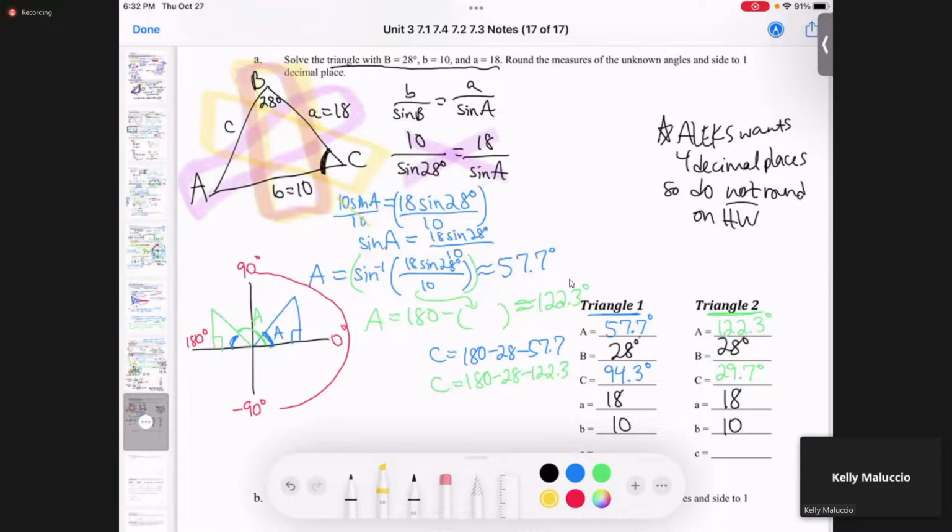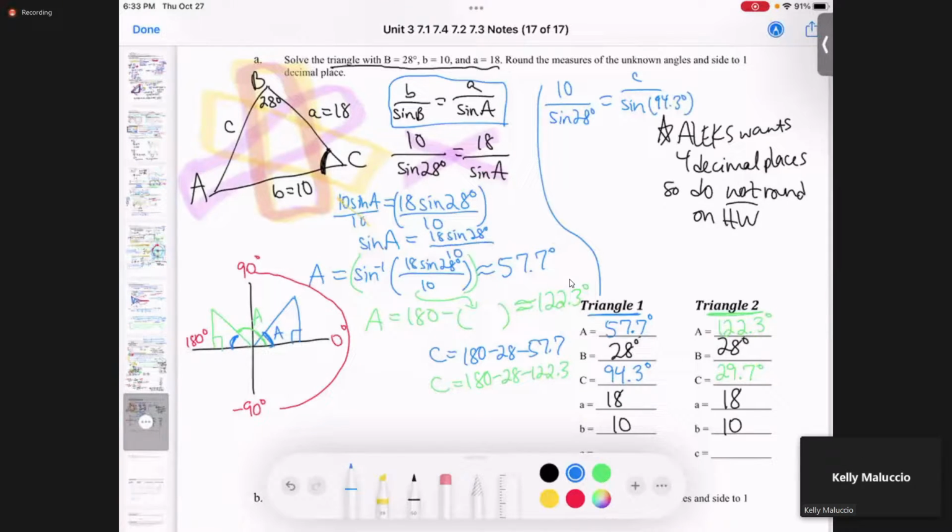For the blue, let's start with triangle 1. I'm going to say 10 over sine of 28 degrees is going to equal little c, which I don't know, over sine of 94.3 degrees.